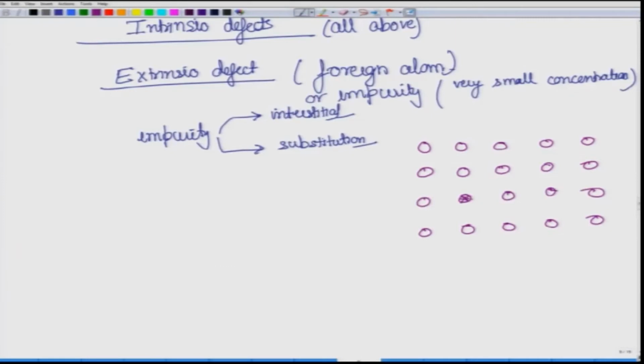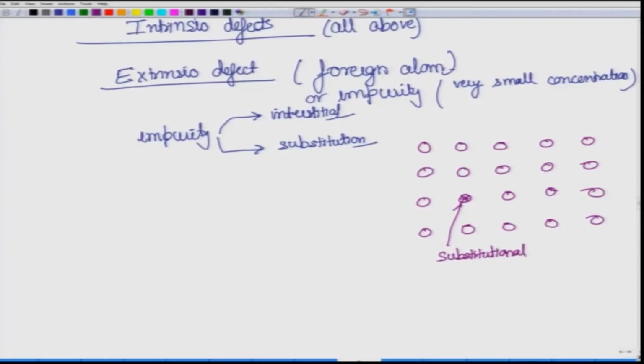So, this is the impurity, another kind of atom. Now, this is sitting, as you can see, in the lattice site. So, this will be called a substitutional impurity.